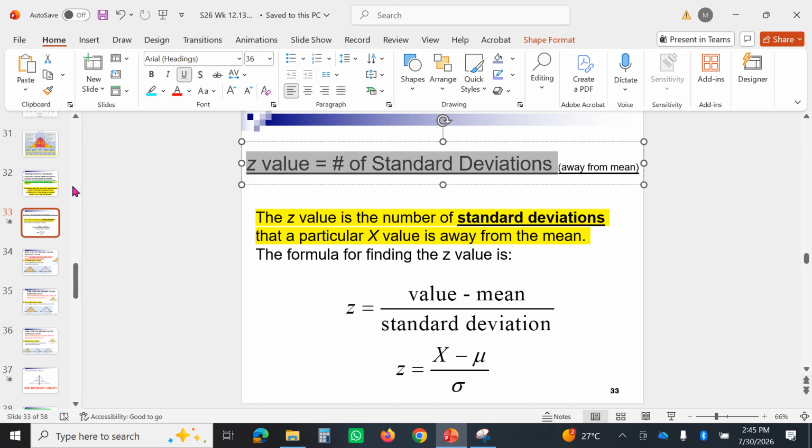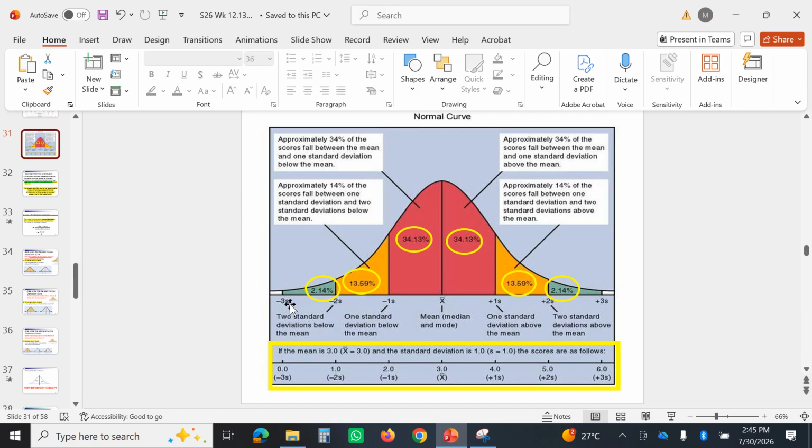This Z value is going to be right here. Now, this is 1 standard deviation. This is 2 standard deviations, 3 standard deviations. Where would 1.5 standard deviations be? Positive 1.5, well, there's 1, 2, so it'll be right in about here, whatever that measurement is.